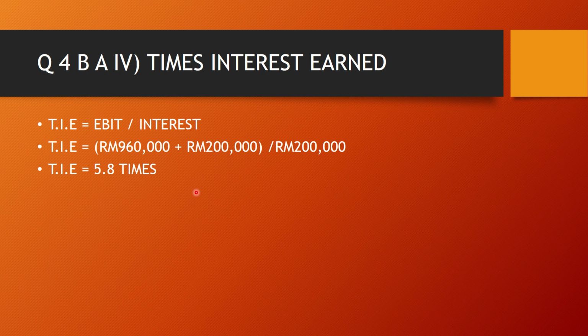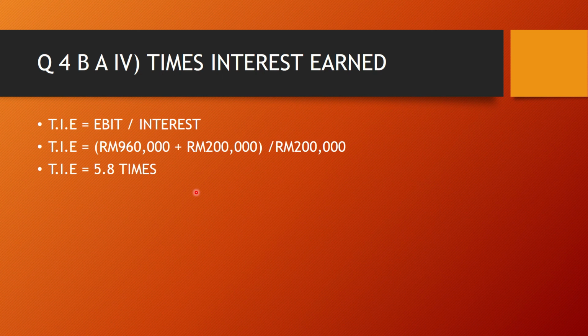And for number 4, times interest earned, the formula is earnings before interest and tax divided by interest. Please refer to your income statement of A Board Sdn Bhd for the year ended 31st December 2017. The information for earnings before interest and tax is not given, but the profit before tax is known, amounting to 960,000.